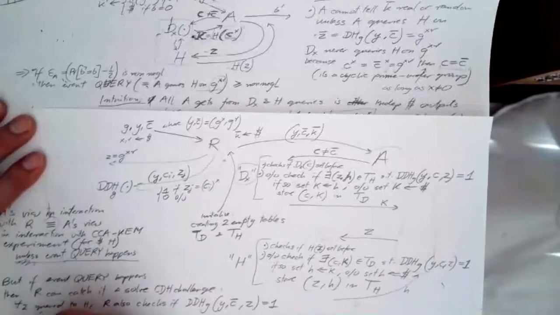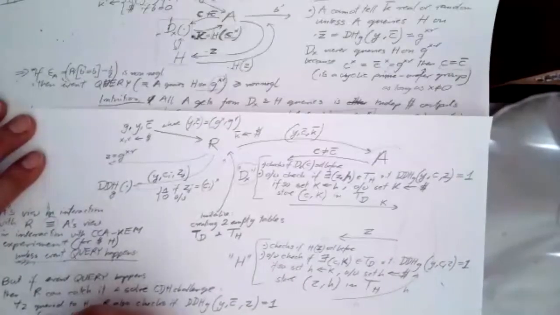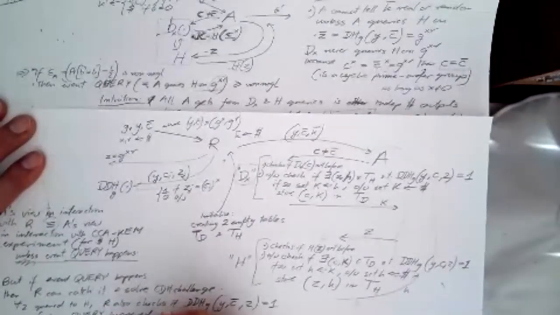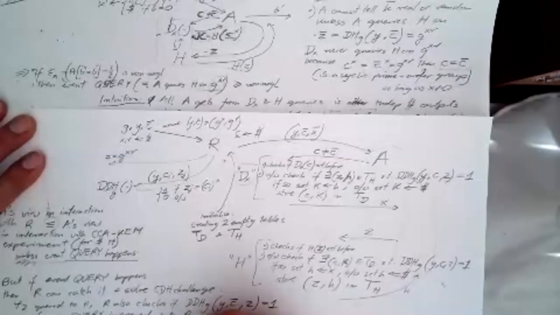And if so, query happened. But R outputs Z and breaks the Gap-CDH assumption.